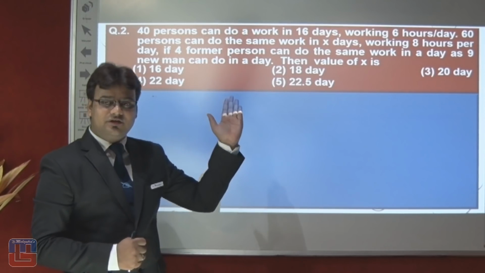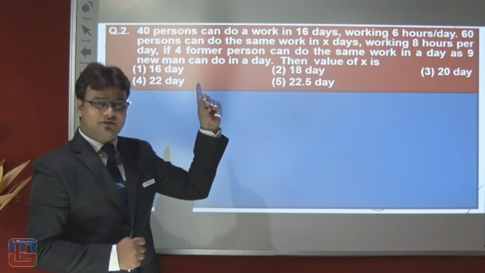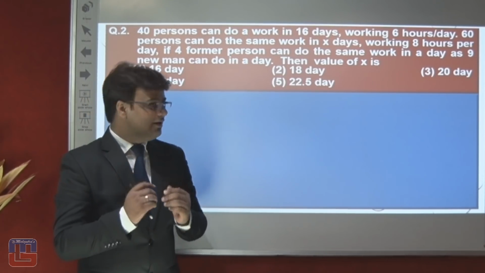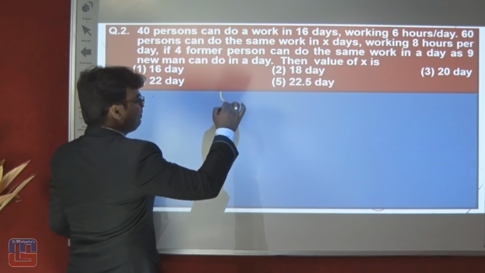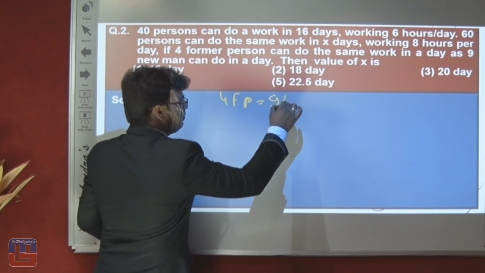If 4 former persons are equal to 9 new persons, then in place of 40 we write 90 new persons. It's clear, because here it is given that 4 former persons are equal to 9 new persons.